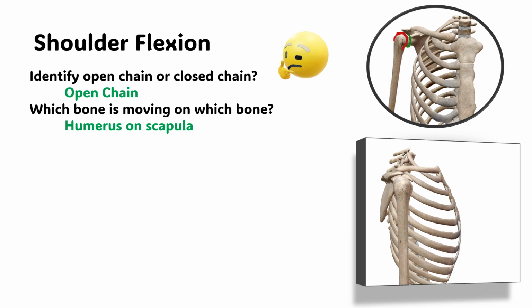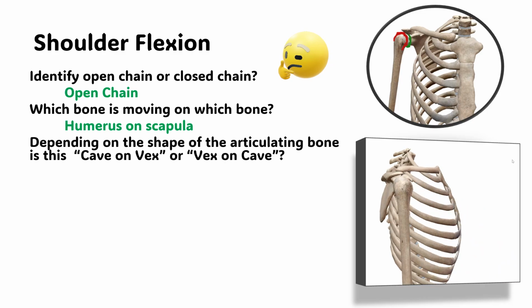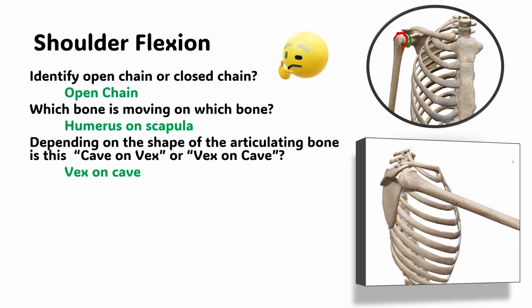Thus, the bones that are involved are humerus on scapula. And we've already identified the humerus is convex and the scapula is concave. Thus, the rule that we're going to apply is convex on concave. The convex on concave rule states that the roll and slide will be in opposite directions.